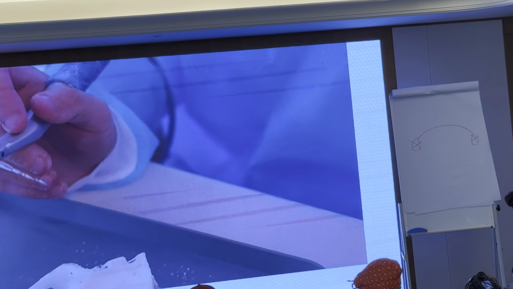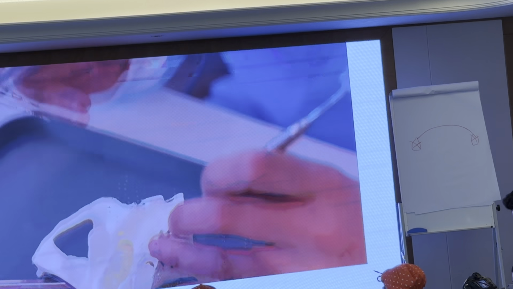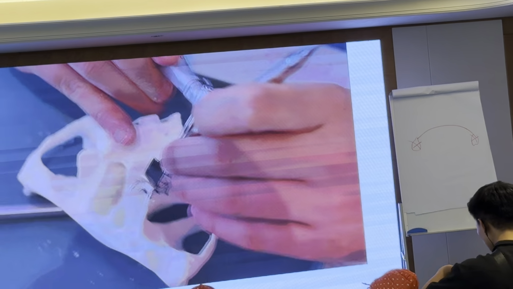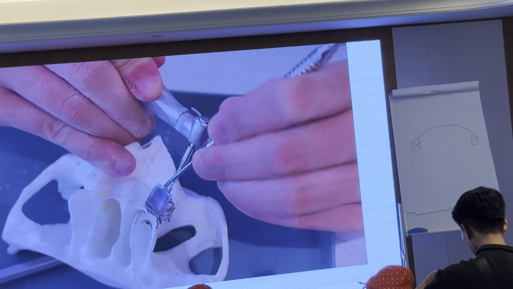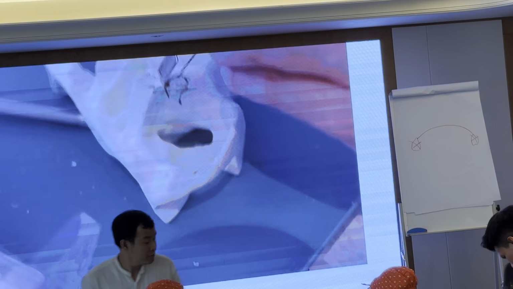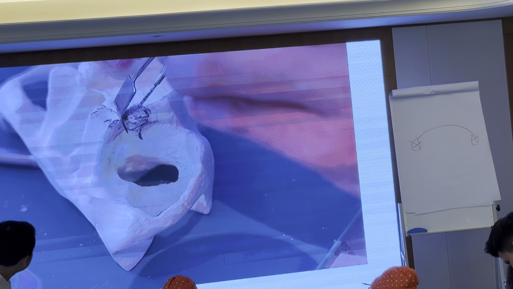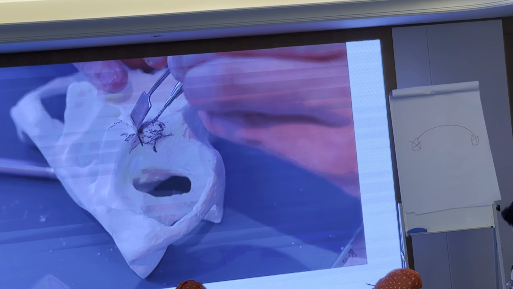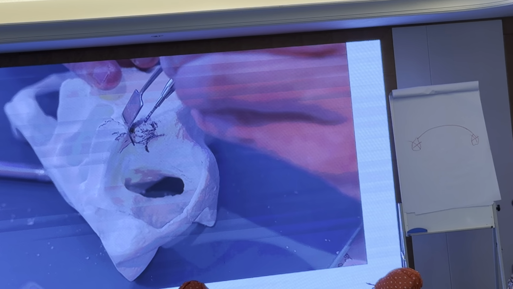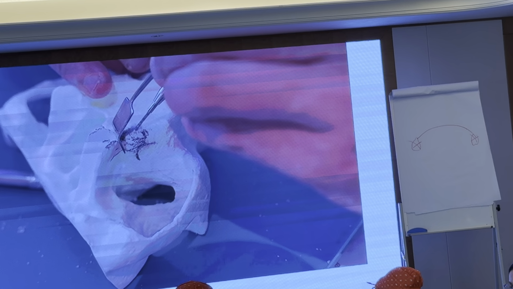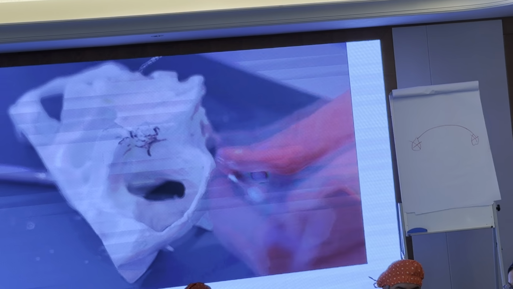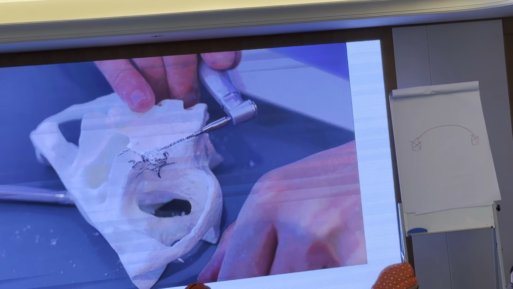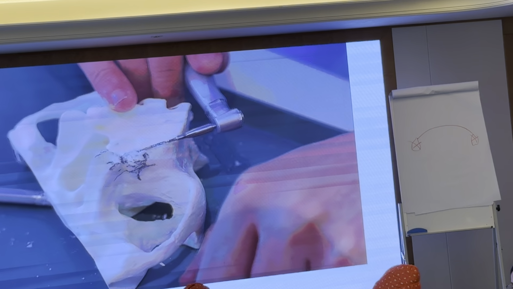I put my retractor in this way. I decide my starting point, and then I start to drill, and I'm parallel to the retractor, you see? I'm parallel to the retractor. With the pilot drill, I only mark the initial point.